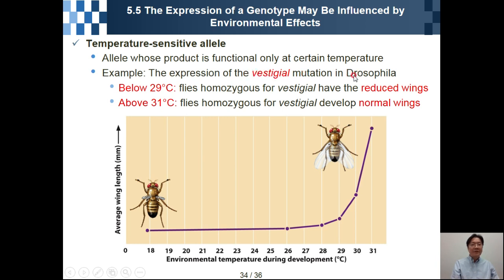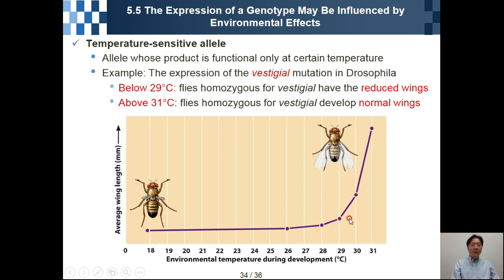vestigial mutation in Drosophila. Usually the Drosophila has normal wings, very big wings like this. If they have the vestigial mutation, they will have a very short wing like this. Below 29, the flies homozygous for vestigial will have the reduced wing like this.